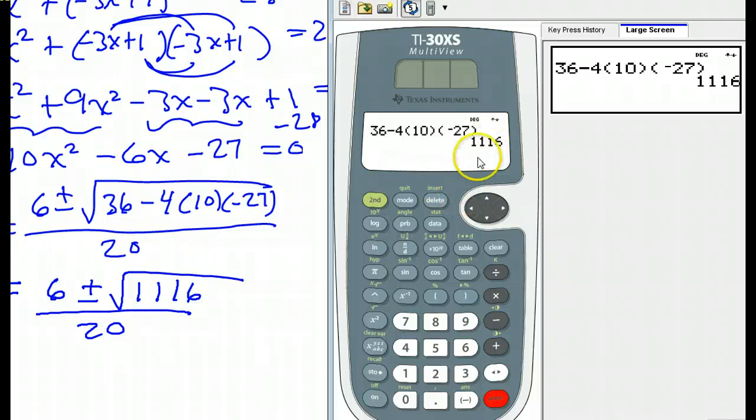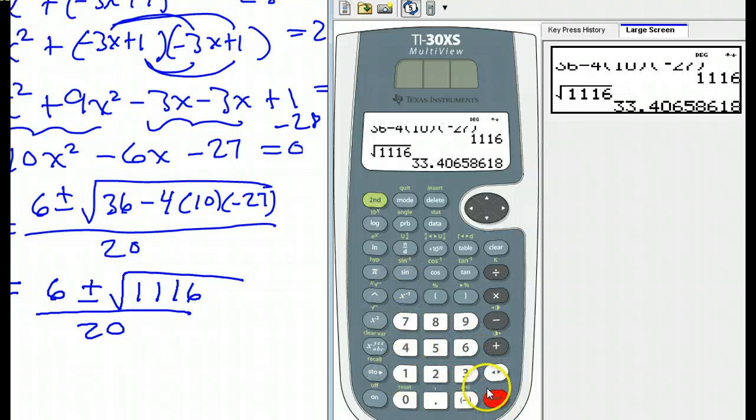Okay, let's see what the square root of that is. So the square root of 1,116. Ooh, that's some ugly decimal. Well, that means that's the end of the line in terms of a nice pretty answer, which makes me glad I didn't try to factor it, because that means it was unfactorable.